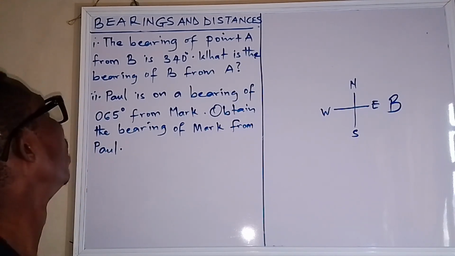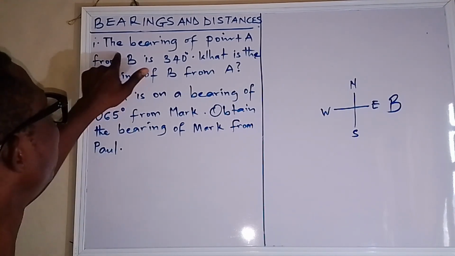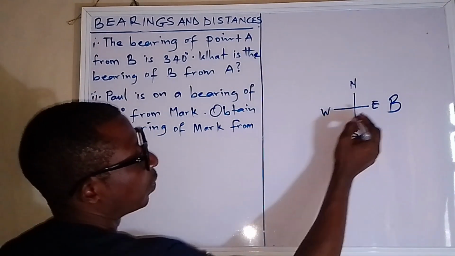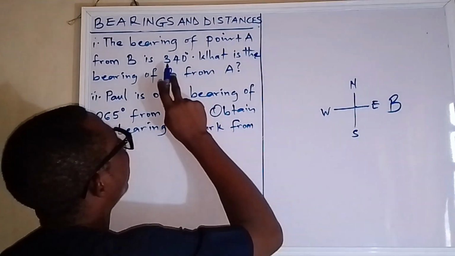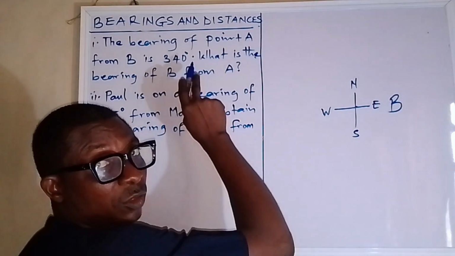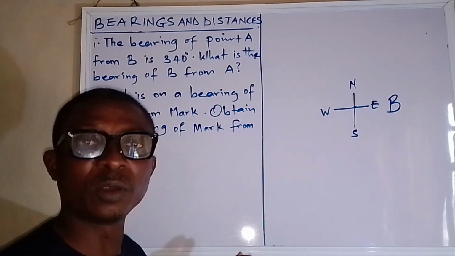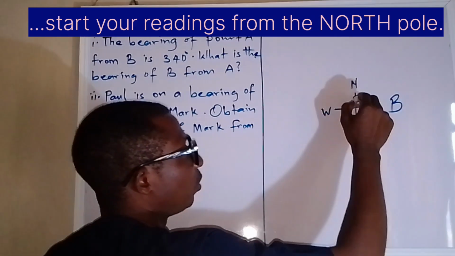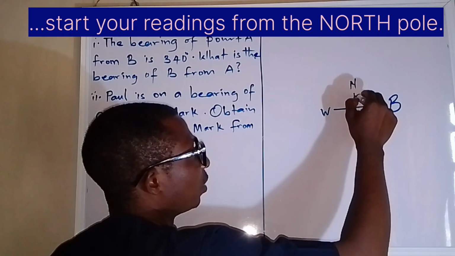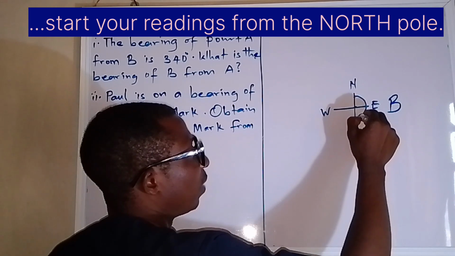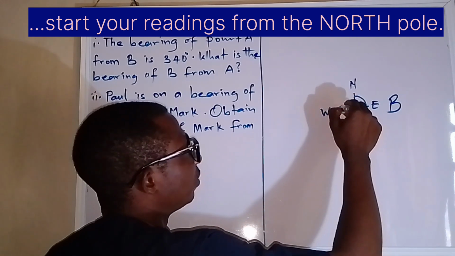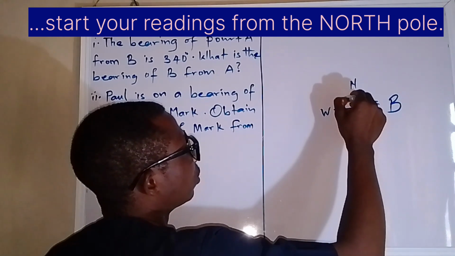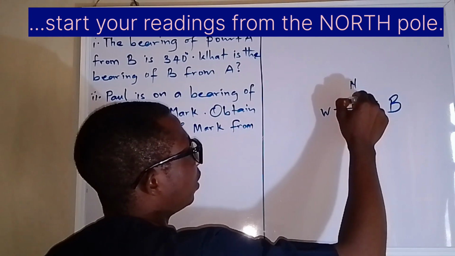Okay, so now the bearing of point A from B. So this is point B. We want to read the bearing 340. So don't forget, you start your reading from the North Pole. We are reading 340. So it goes this way from the North Pole, 90, 180, down to 270, and we are going to 340. So 340 should be around this place.